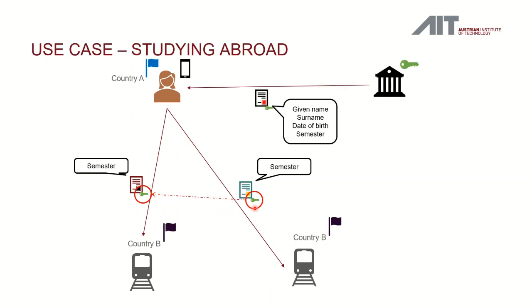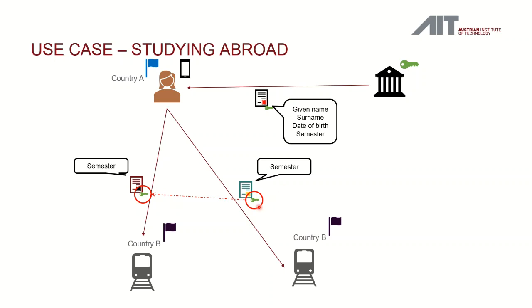The first example considers a student studying abroad. The student might receive from her university a digital student ID that certifies the name and the current semester. And now when the student wants to buy a train ticket, she might need to prove that she is currently subscribed as a student at some university.